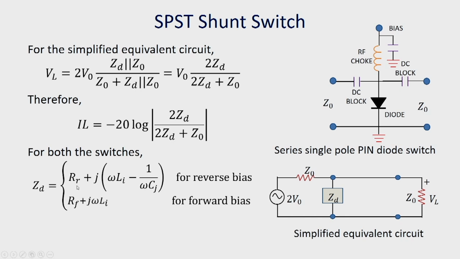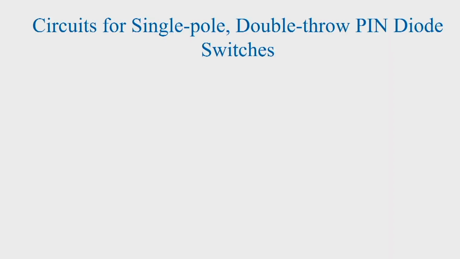These parameters RR, Li, Cj and Rf are available from the manufacturer data sheet for a particular diode.